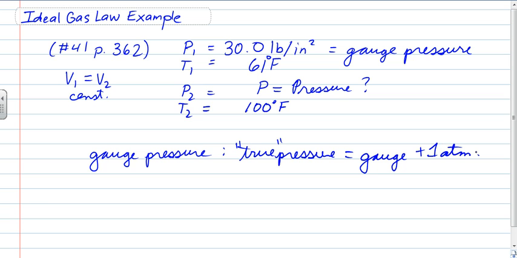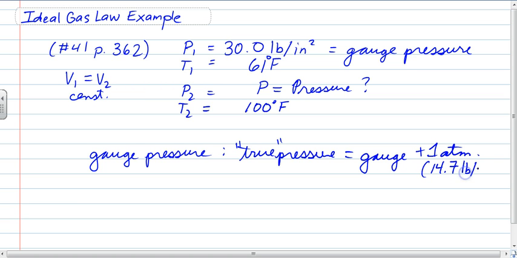So in other words, a gauge is kind of already canceling out atmospheric pressure, but we need to take that into consideration when we do the calculation. And so remember that 1 atmosphere is 14.7 pounds per square inch. So that means that the starting pressure is actually 44.7 psi. And so what we want to find is the final pressure.